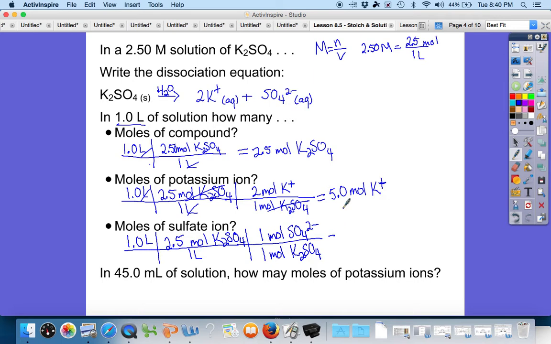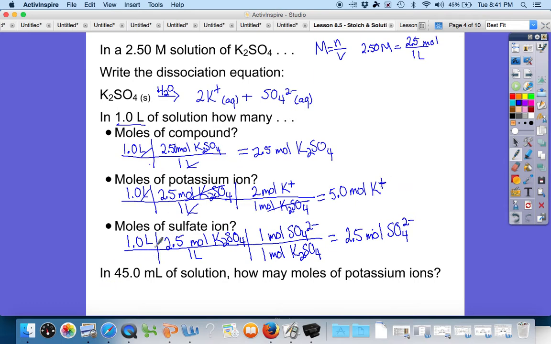So we just have 2.5 moles of our sulfate ion. So these are moles of our compound; the moles of our ion that we only have 1 of in our dissociation equation is equal basically to our molarity.